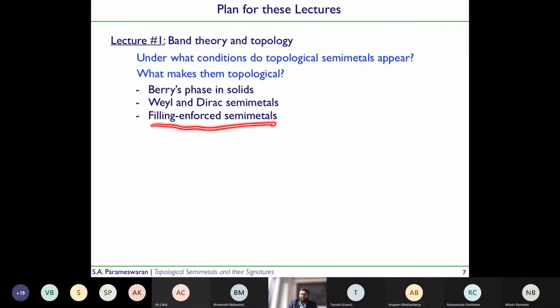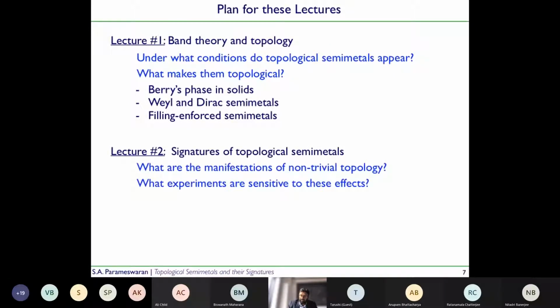And then maybe in the very last bit, I'll spend some time talking about a different class of semimetals, which I'll call filling-enforced semimetals. This is a distinct set of semimetals which allows us to think about different types of topological semimetals and where their physics comes in. It turns out these have, in some sense, an intimate relation with crystal symmetry, in a way that Weyl and Dirac semimetals have a distinct relationship with crystal symmetry.